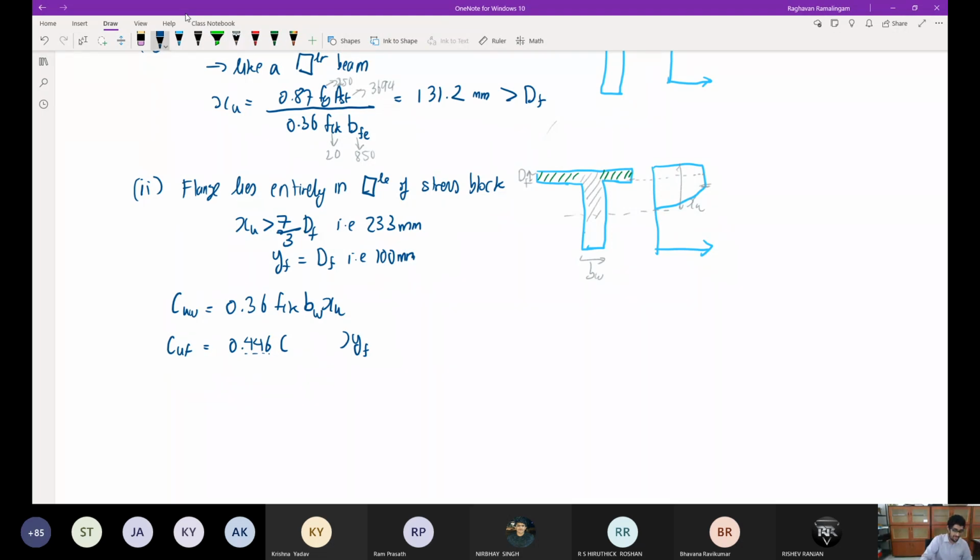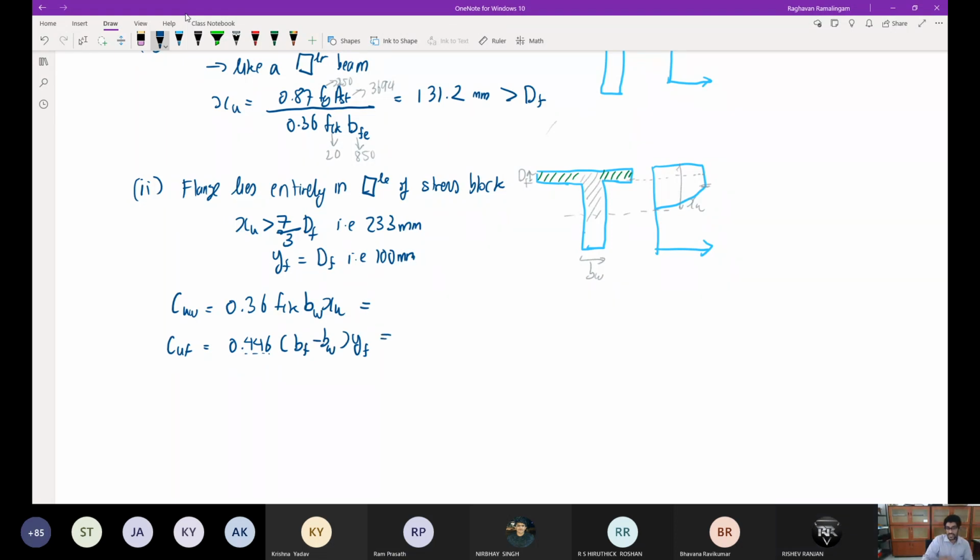So what will it be here in this bracket? What width do you multiply it by? BF minus BW. Yeah, BF minus BW.